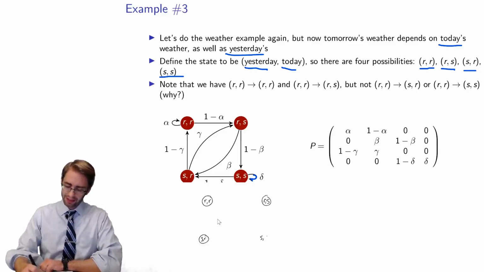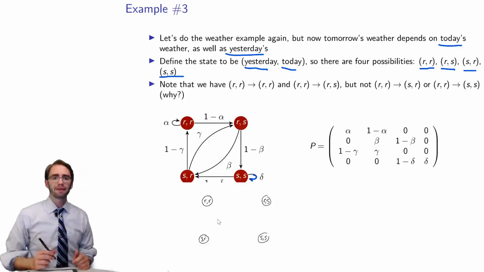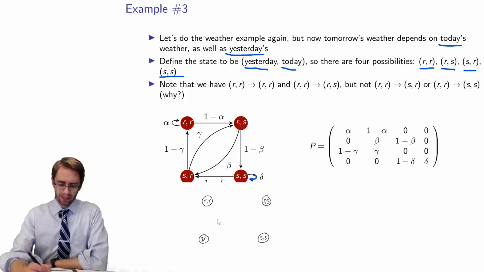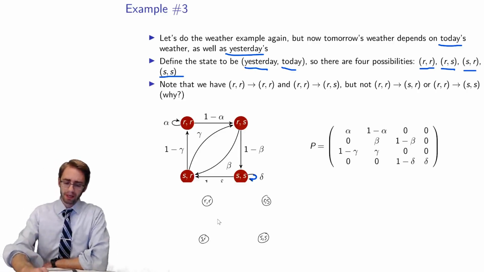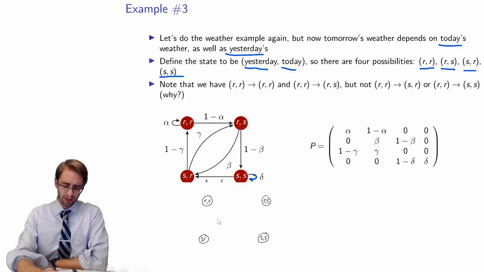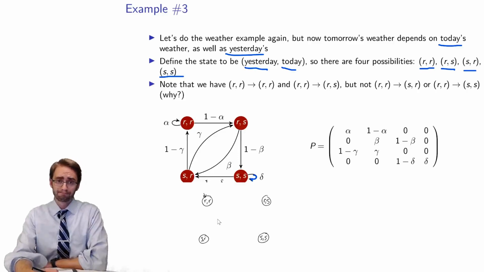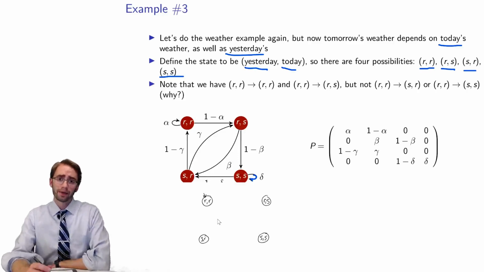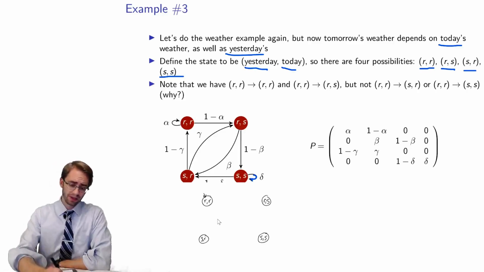Now this is an example that throws a lot of people off when they see it for the first time. And here's what I want to illustrate. Let's say we're in this state here. We're in rain, comma, rain. The thing I want to point out is that we want to look at which states you could go to from here. Certainly you might if you have rain tomorrow as well.